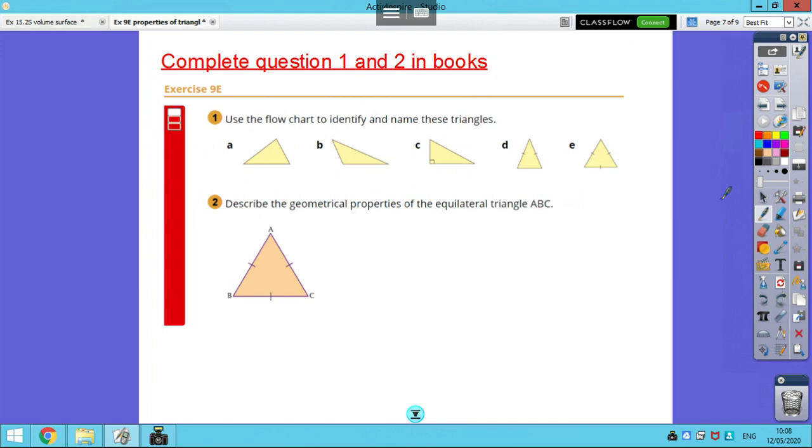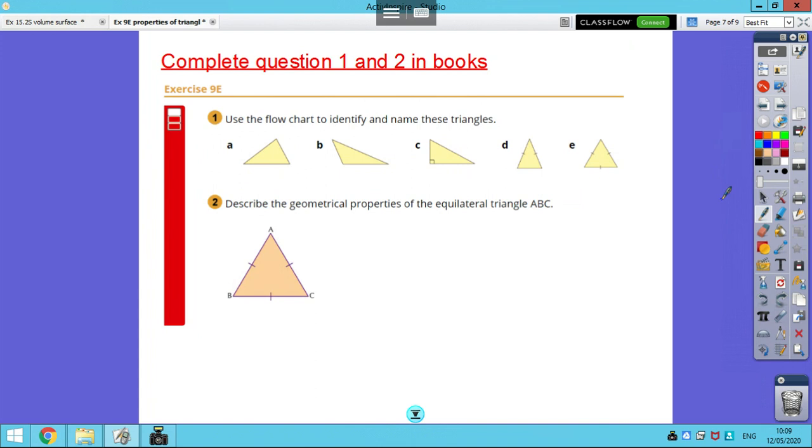So what type of triangle are they for number 1? For number 2, what we just did in the example, I would like you to do for this equilateral triangle. So you need to describe the geometrical properties of the equilateral triangle ABC. You need to do exactly what we just did, but for an equilateral triangle.